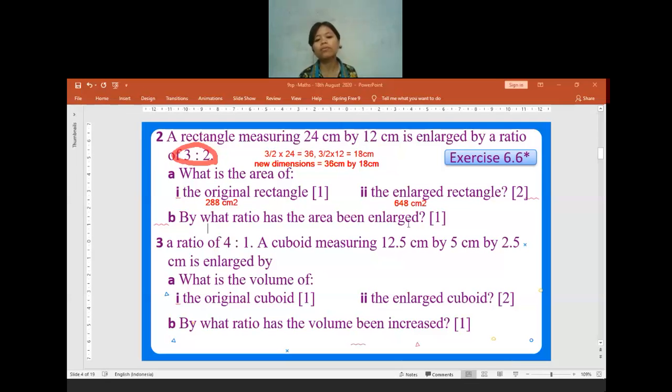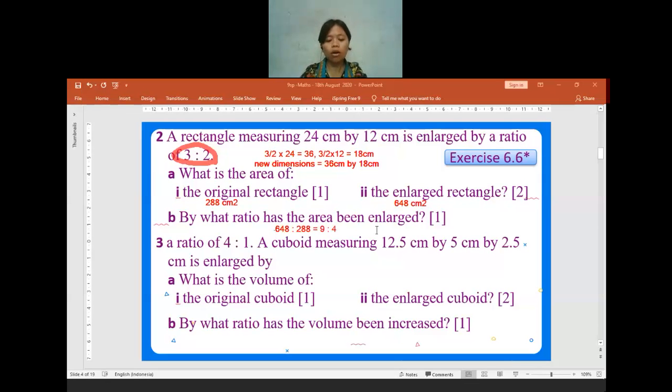What do we have to do? 648 divided by 288. Okay, then you can use this one. So we do 648 to 288. It will be 9 to 4, yeah? Or is there anyone who is confused?